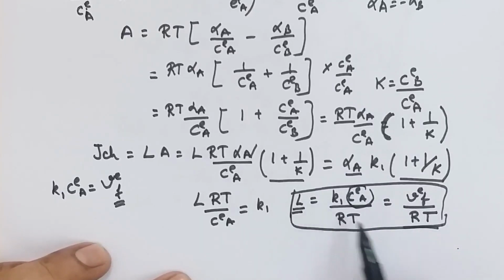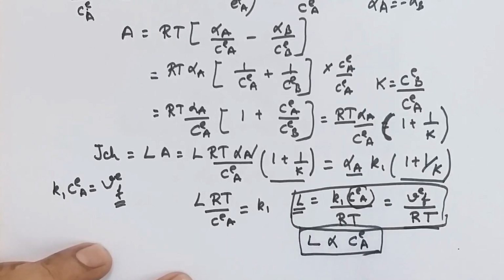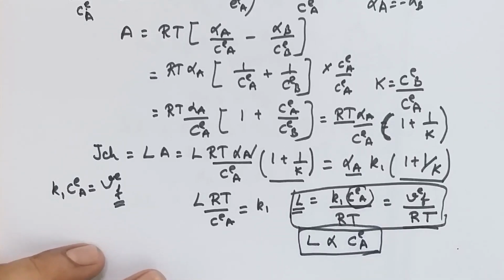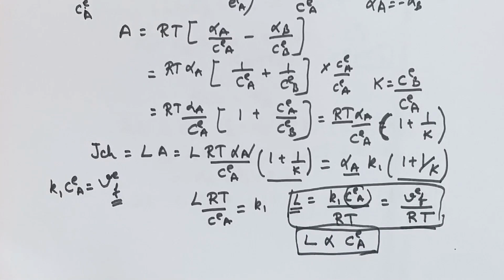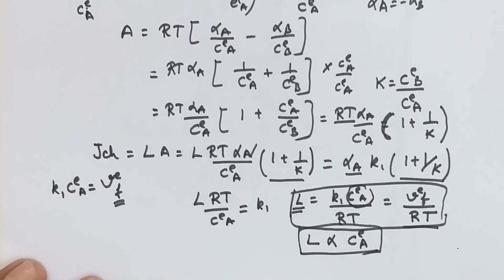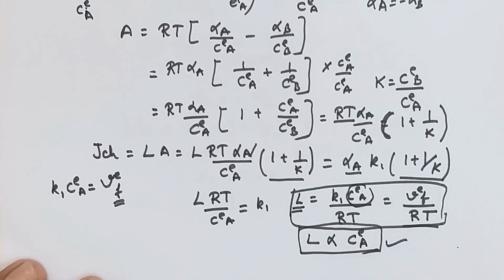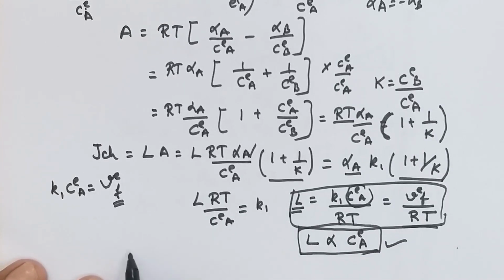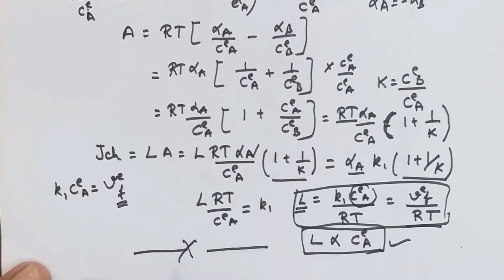As we know that RT and K are constants, the phenomenological coefficient is proportional to, or dependent on, the equilibrium concentration of our product or of our reactant which we are taking. Thus this verifies Onsager's linear relationship. Hope the topic is clear. Thank you very much.